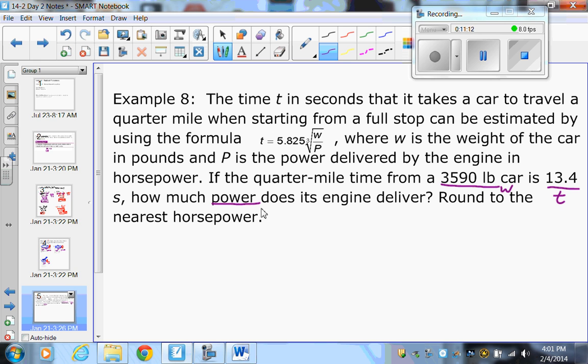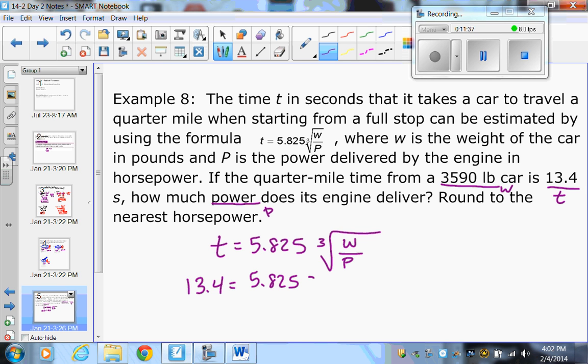How much power tells me I'm solving for P. So we have our formula of T equals 5.825 times the cubic root of W over P. And all I'm going to do now is plug in my given information. So I have that T is 13.4, and I know that W is 3,590. And now we're going to solve this for P.